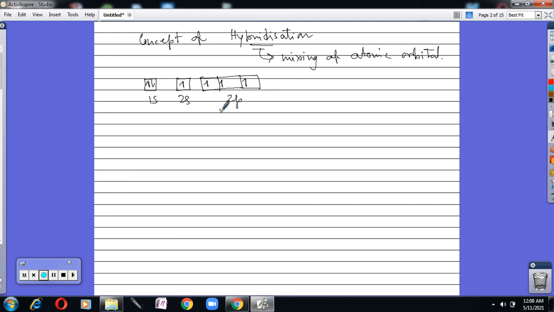Now, in this scenario, we have seen that hybridization happens by mixing of atomic orbitals.